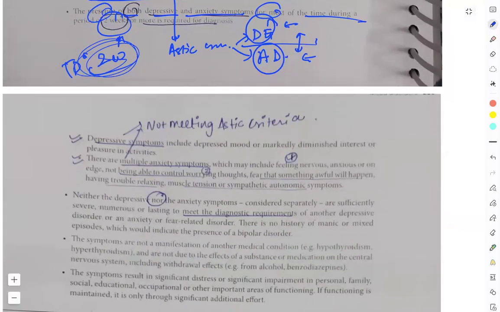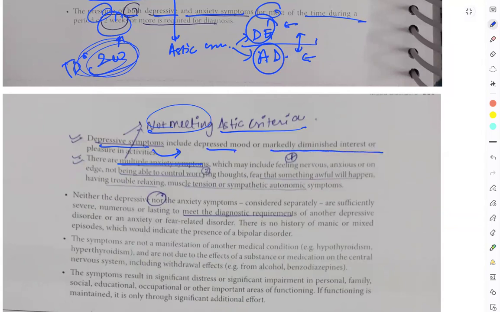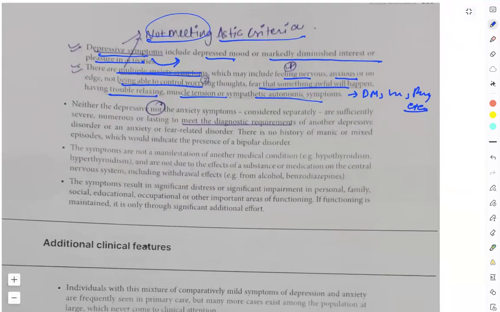So it says that depressive symptoms and multiple anxiety symptoms might be present, not meeting the diagnostic criteria. Depressive symptoms may include depressed mood or markedly diminished interest or pleasure in activities. And multiple anxiety symptoms may include feeling nervous, anxious, not being able to control worrying thoughts, fear that something awful may happen, having trouble relaxing, muscle tension, sympathetic autonomic nervous system activation, for example, having dry mouth, sweating, palpitations, etc. Okay, this is it.